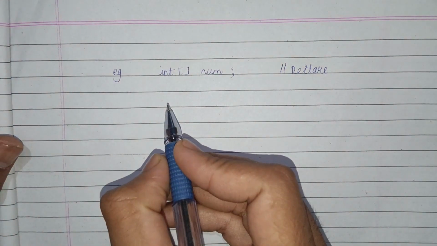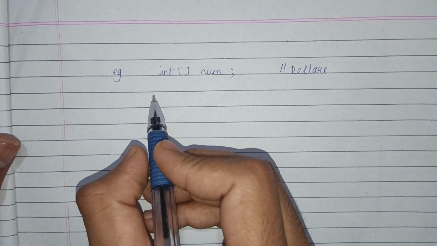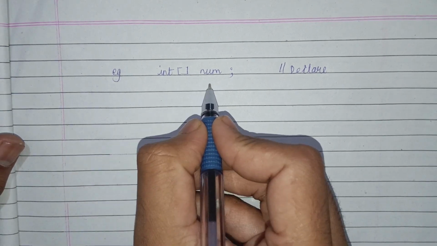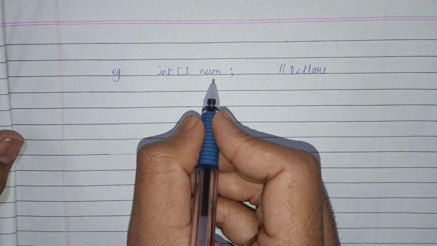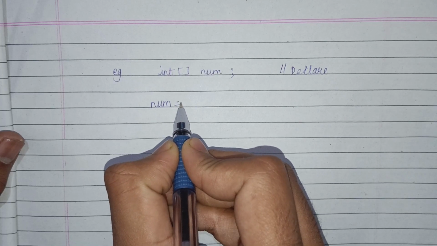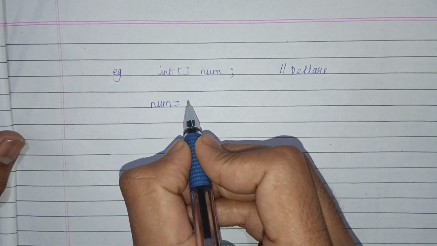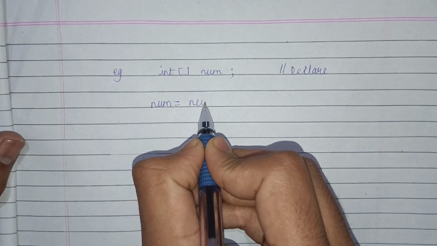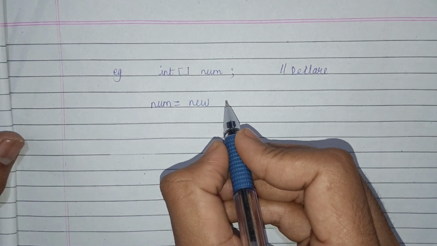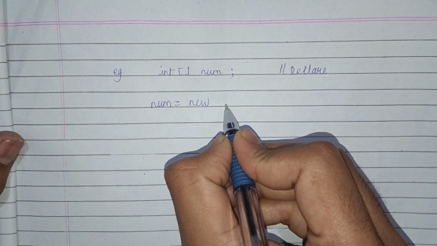So we have to write the name of the array. Here the name of the array is num. So num is equal to, we have to use the new keyword, and here we have to give the data type.